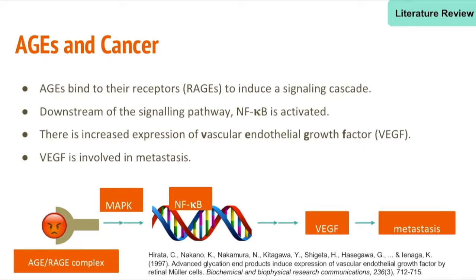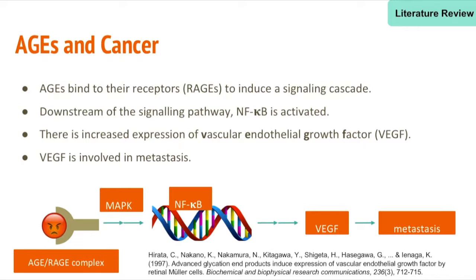Moreover, AGEs have been implicated to increase the risk of cancer and metastasis. AGEs bind to the receptors to induce a mitogen-activating protein kinase, or MAPK, signaling cascade. Downstream of the signaling pathway, the transcription factor NF-kappa B is activated, which binds to several transcription binding sites in our genome.